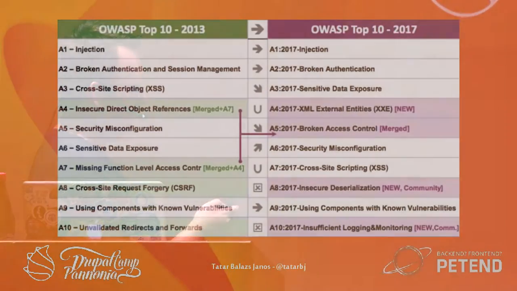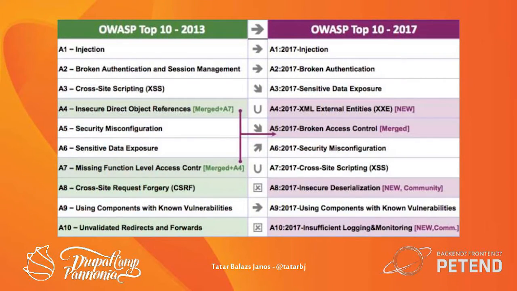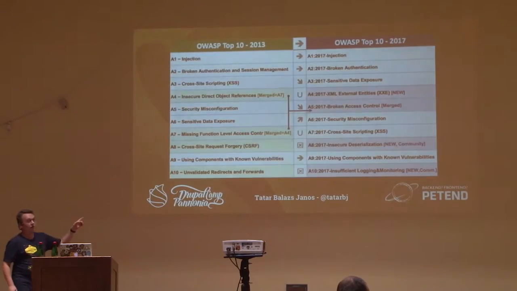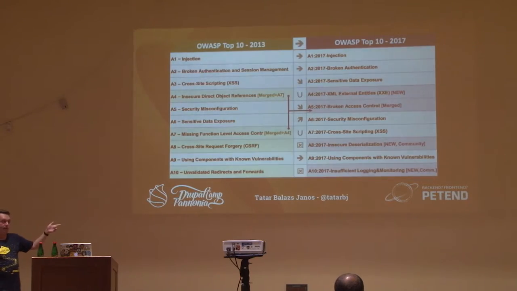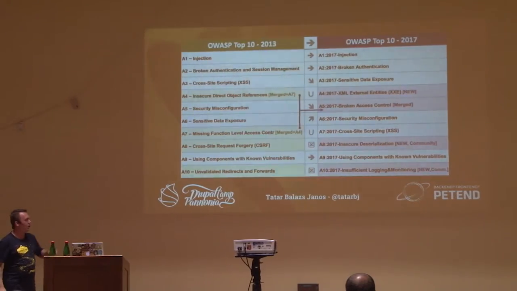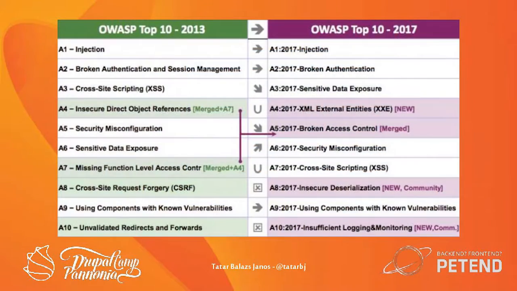You can see in 2013 we got injection, broken authentication, all the way down to unvalidated redirects and forwards. Two years ago, though, we got an update. As you see, there are some merged ones, and even new issues such as external entities injection.